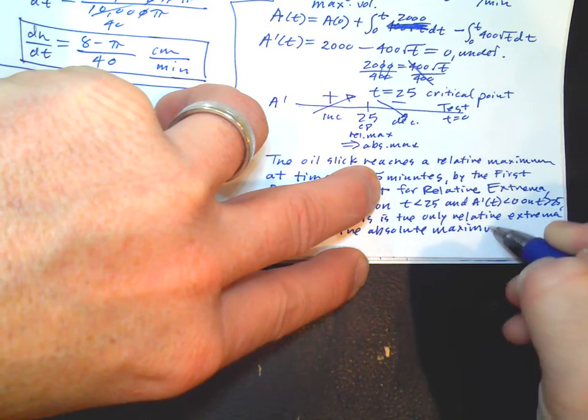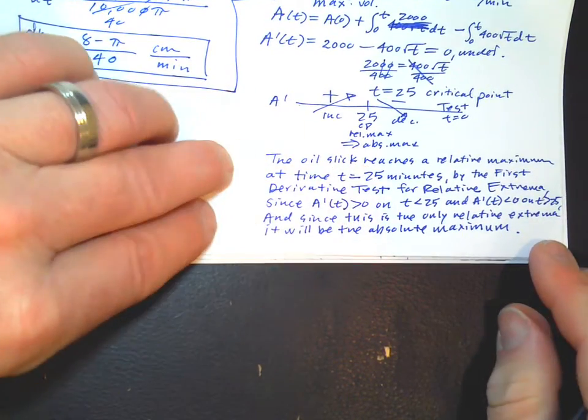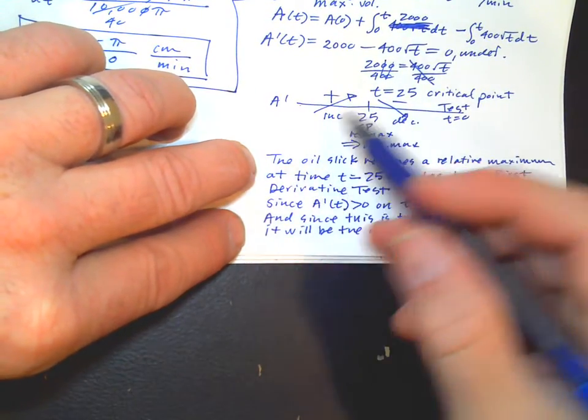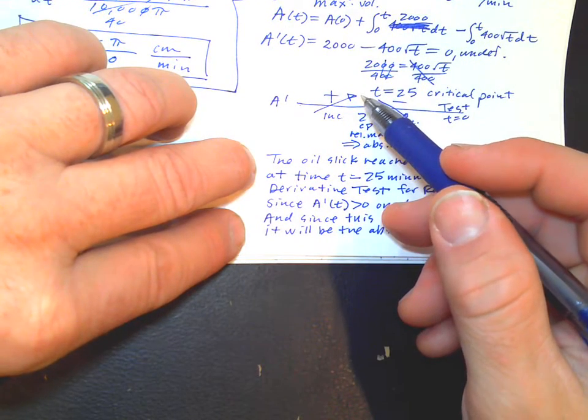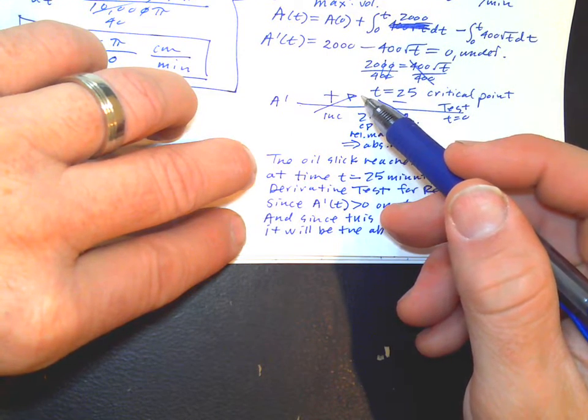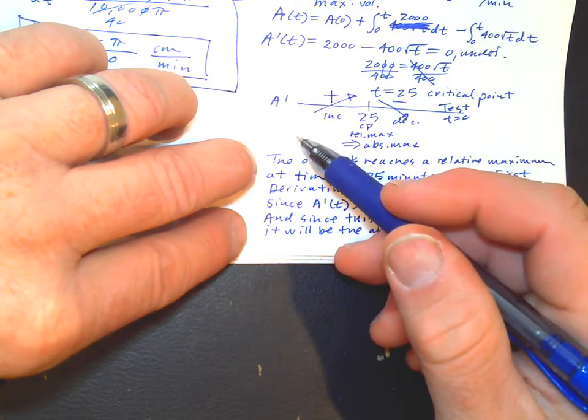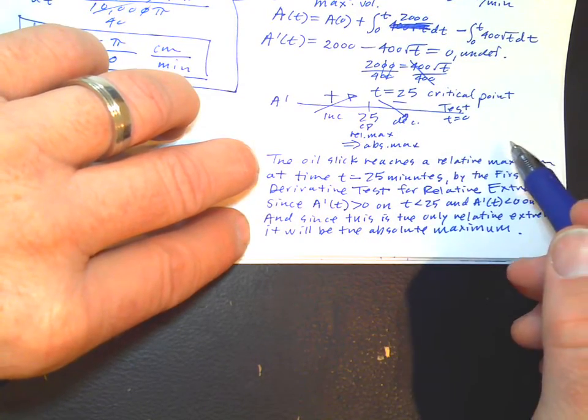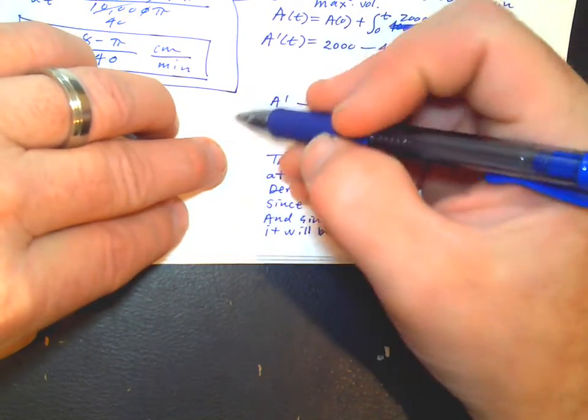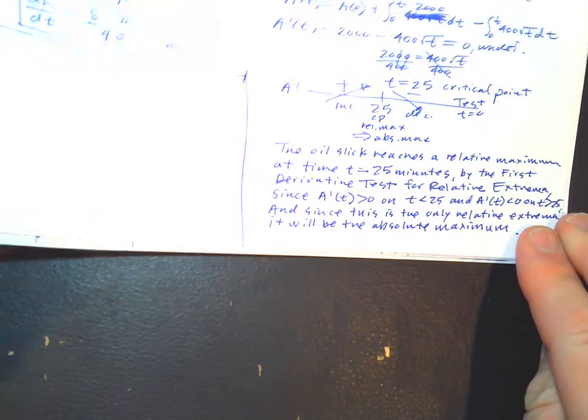Now, I think the justification might be more like, well, because the derivative is decreasing to the left and decreasing to the right forever, so it's got to be absolute max. So something like that. It's kind of a pain to justify, but we couldn't do extreme value theorem.